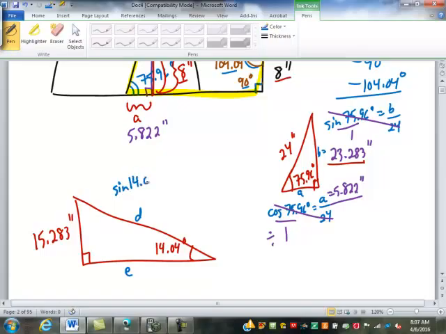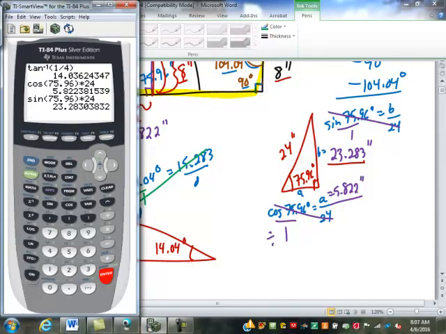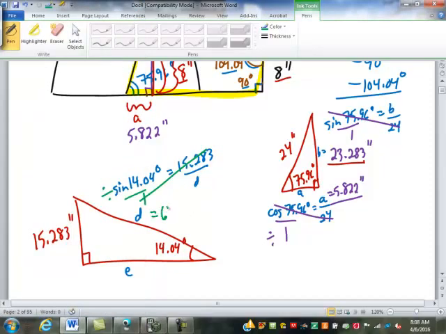Sine of 14.04 degrees is going to equal 15.283 over D. So I put this over 1 times 15.283 divided by the sine of 14.04 gives us 62.997 inches.